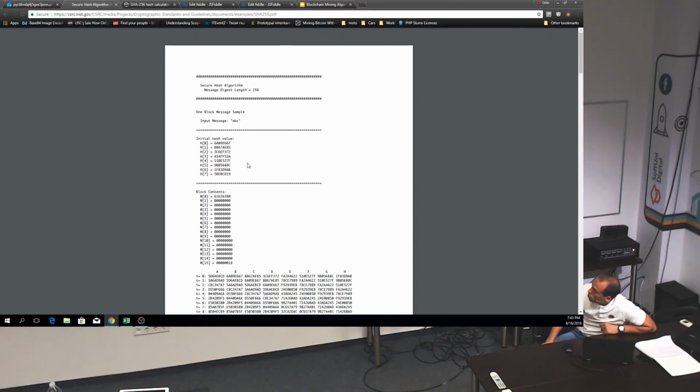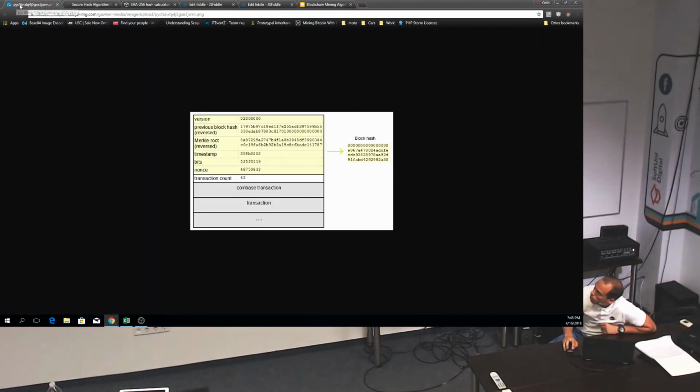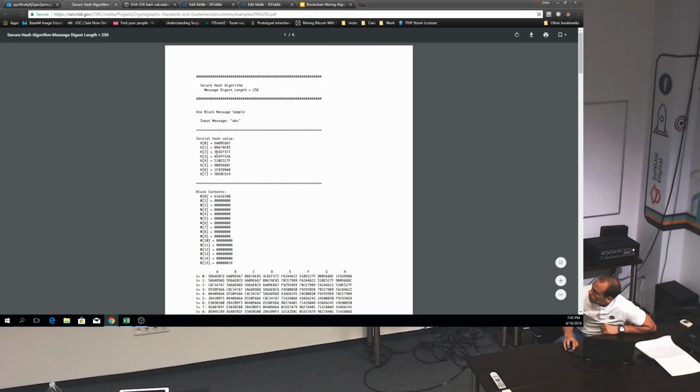We are going to use these constants and apply hashing over our input, which is the version of the block. This is going to be our input as a nonce, and the rest we are going to take from here. We are going to see what are the steps actually in order to get the final fixed length of the hash.